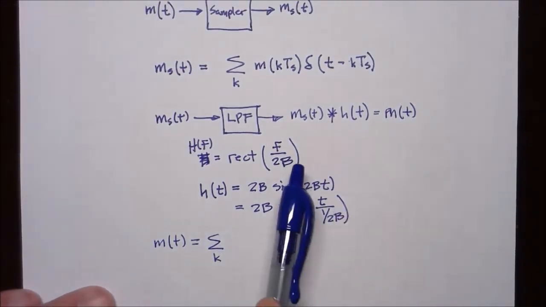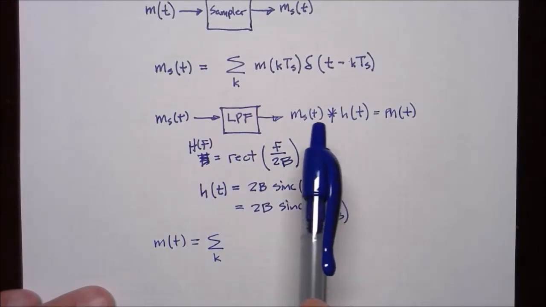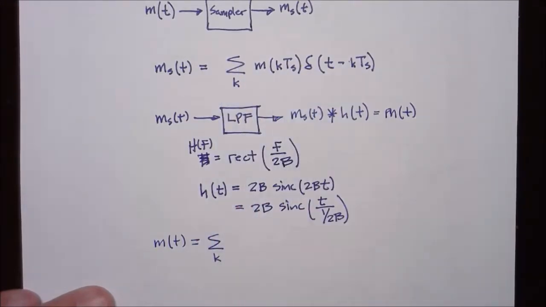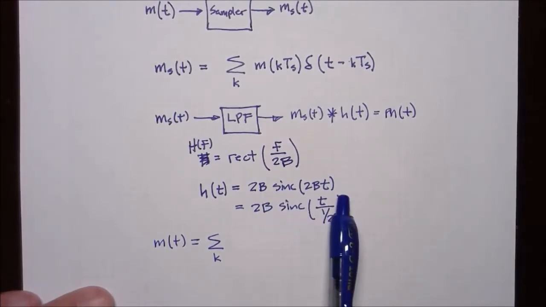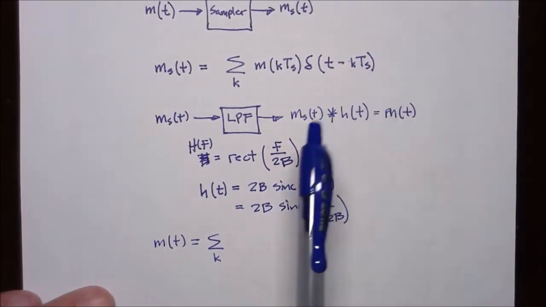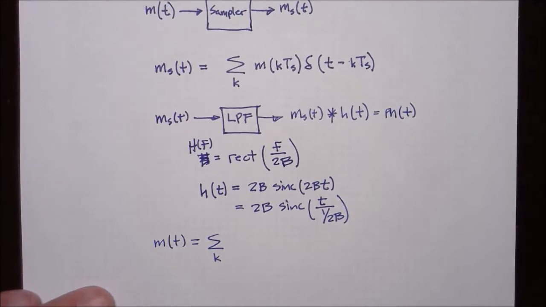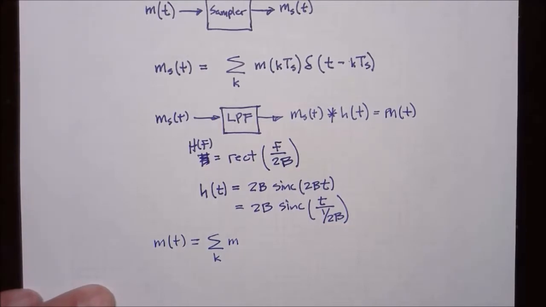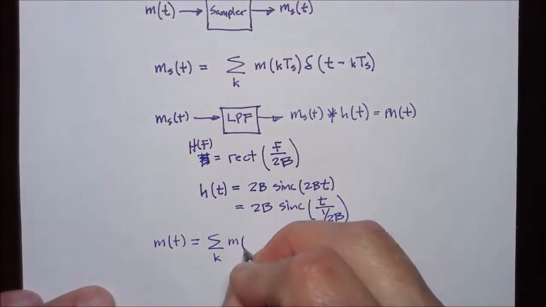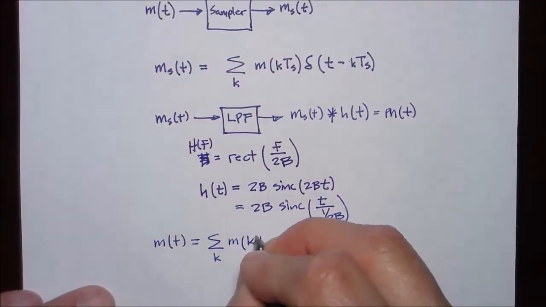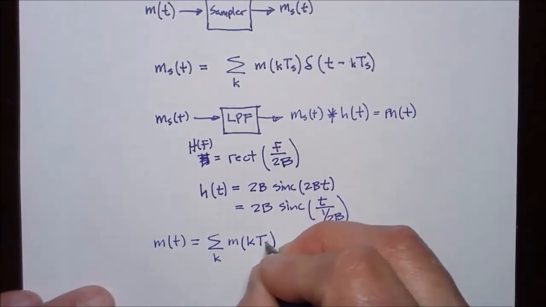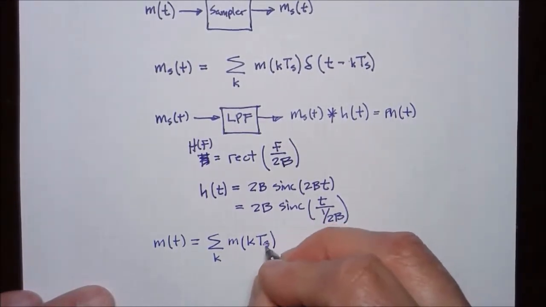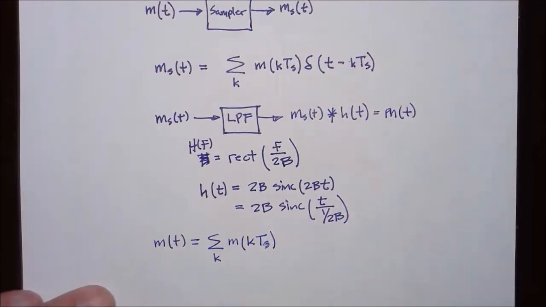We're convolving a train of delta functions with the sinc function, so what we get is a summation of sinc functions. Each sinc function will have a weight factor given by the sampled message signal.